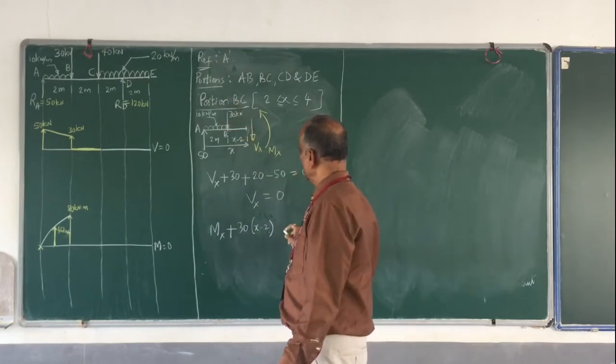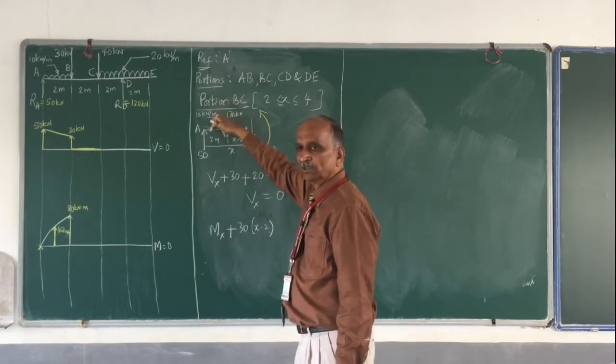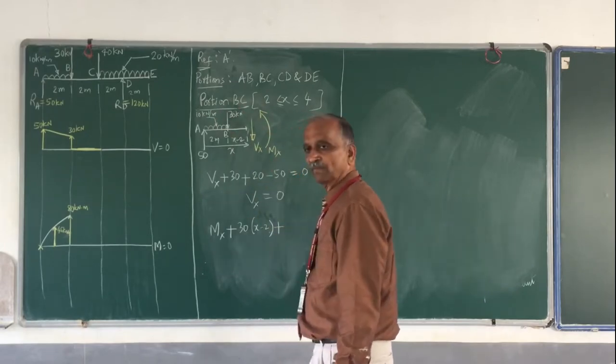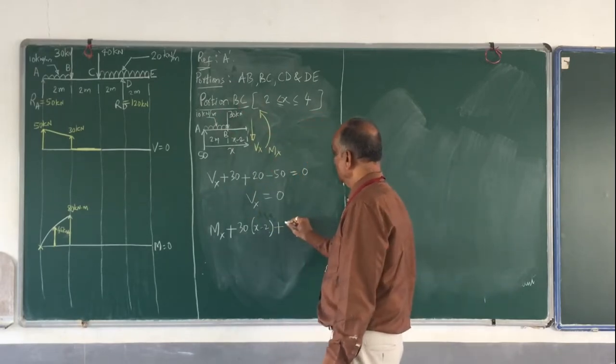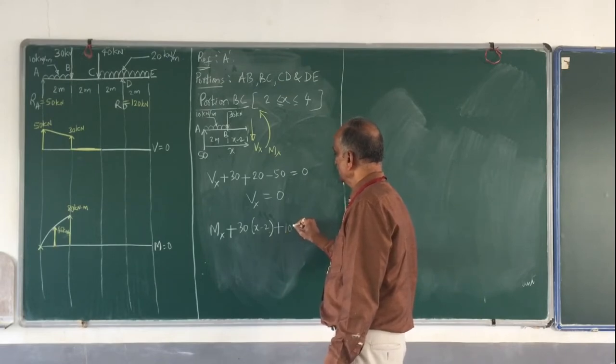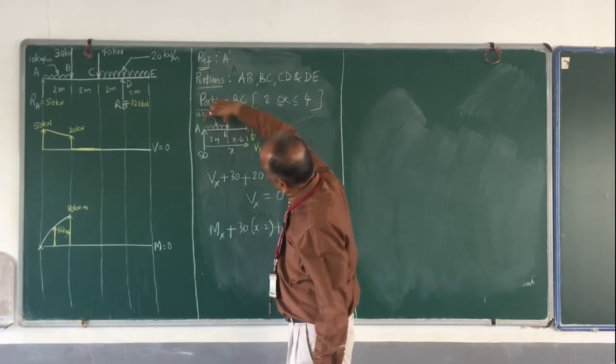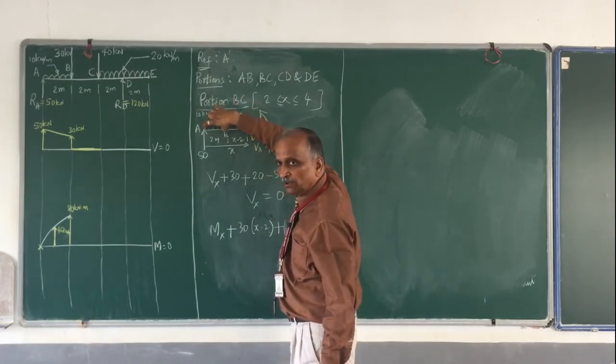The load is downwards, therefore the moment is anti-clockwise, therefore it is plus. Then how much is the force? It is 10 kilonewton per meter spread over 2 meters.